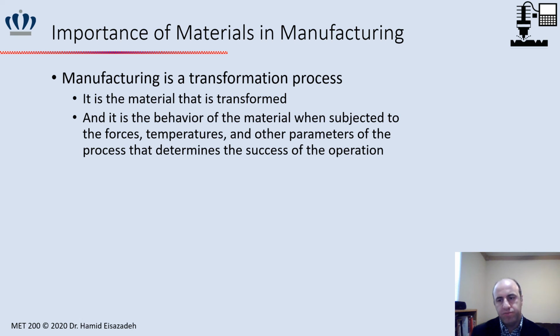Certain materials respond well to certain types of manufacturing processes, and some of them will respond poorly. So in this lecture, we're going to be talking about characteristics and properties of material that determine their capacity to be transformed by different manufacturing processes.